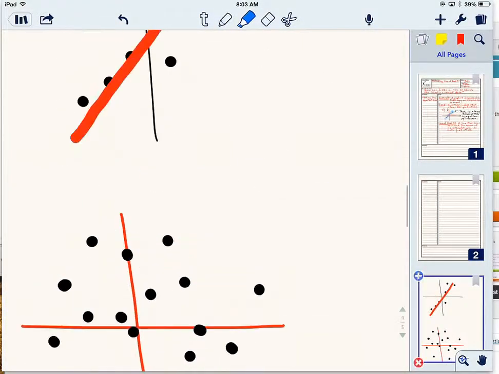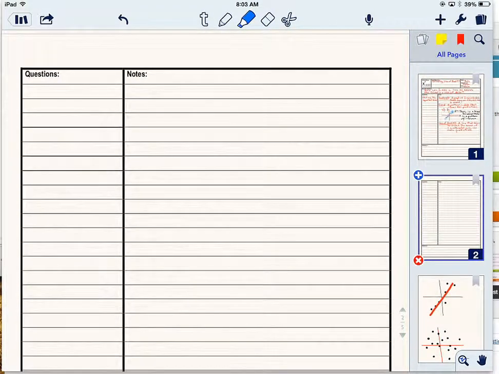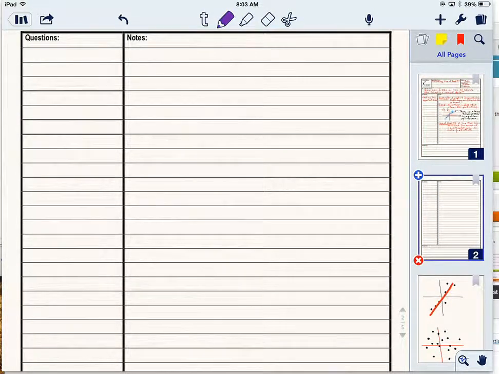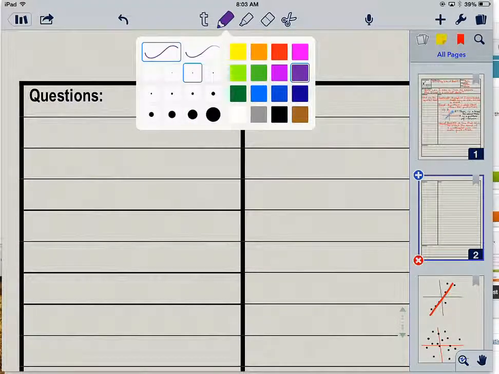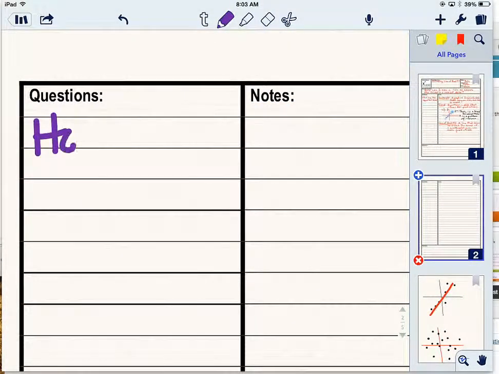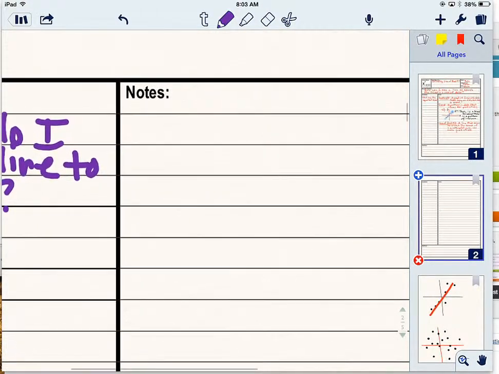So I'm going to jump back up into Notes and come down. I'm going to make the next question: how do I fit a line to data? We mentioned two things.